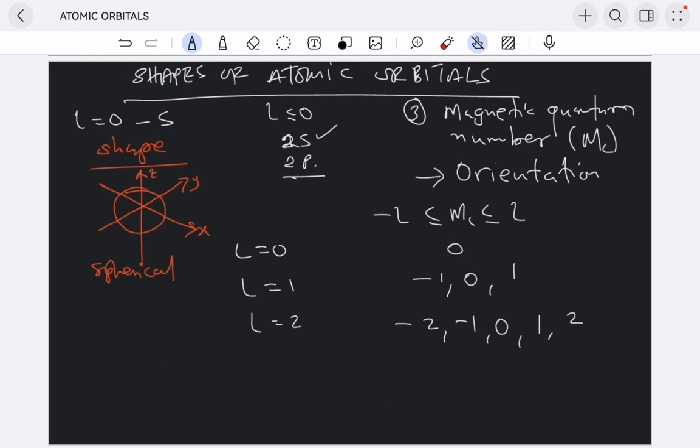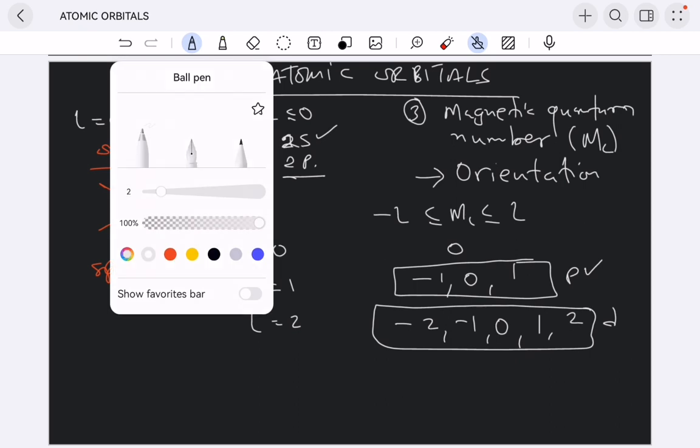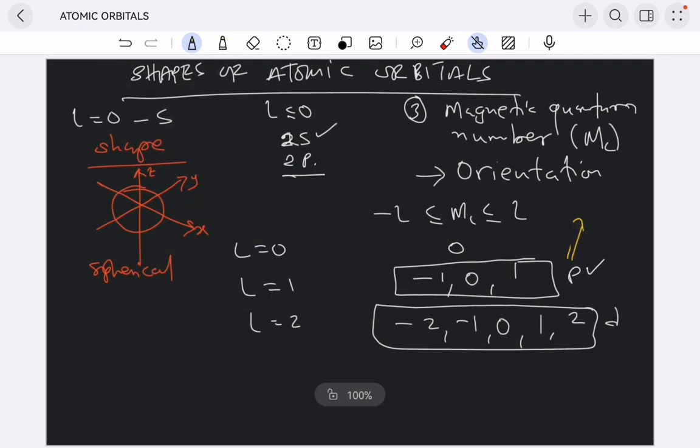And then we'll realize that here is where the P is, then this represents the D. So it means that we have 3 orbitals in this sublevel, where those 3 orbitals are Px, Py, and Pz.